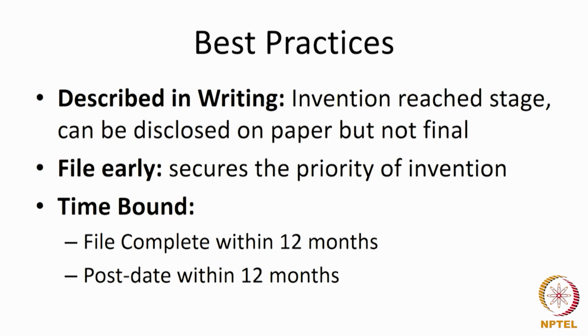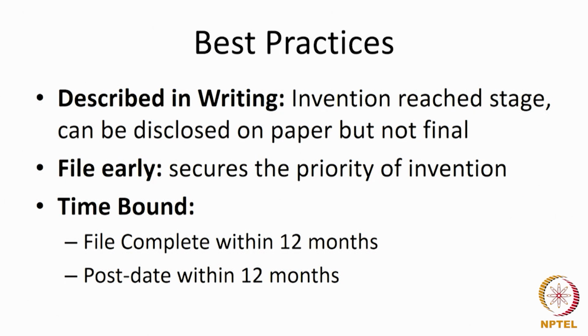In the provisional specification, the invention is described in writing. Now, the provisional is filed when the invention has reached a stage where it can be disclosed on paper, but nevertheless it is not the final outcome, in the sense that a provisional is filed when the inventor feels that the claims are not ready.